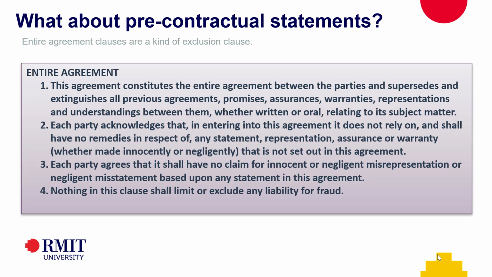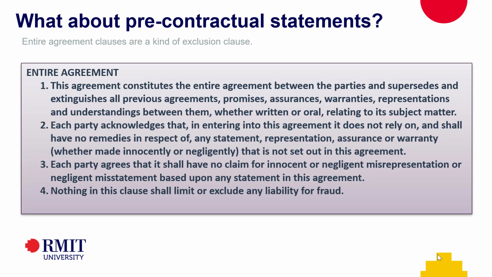This agreement constitutes the entire agreement between the parties and supersedes and extinguishes all previous agreements, promises, assurances, warranties, representations, and understanding between the parties, whether written or oral, relating to the subject matter. So in other words, everything on this piece of paper is what's in our agreement. Anything that we said leading up to signing this document doesn't matter anymore, including the emails we exchanged, the conversations we had, the bits of paper, any plans, any agreements, anything like that.